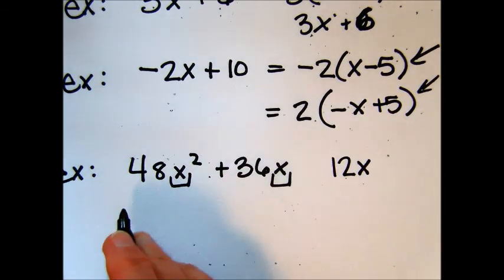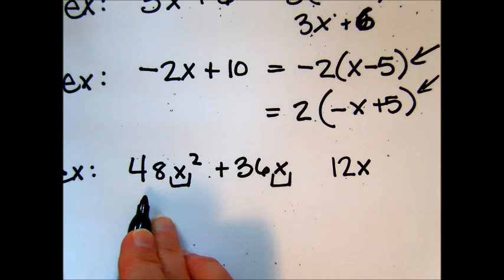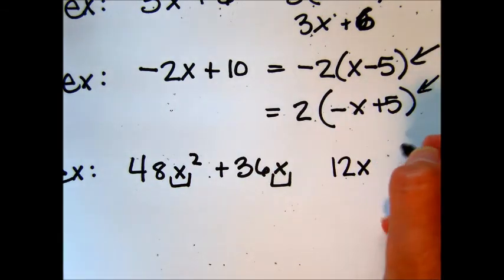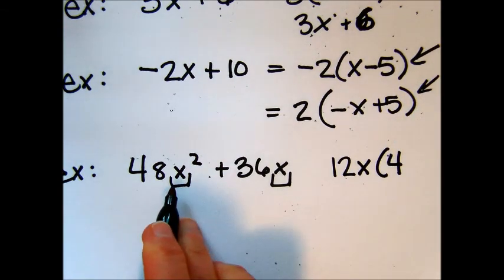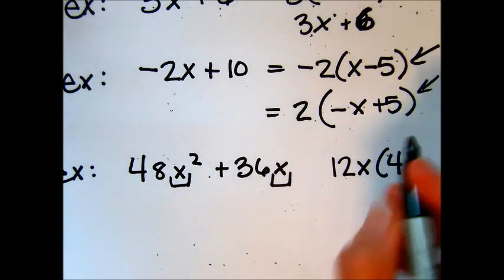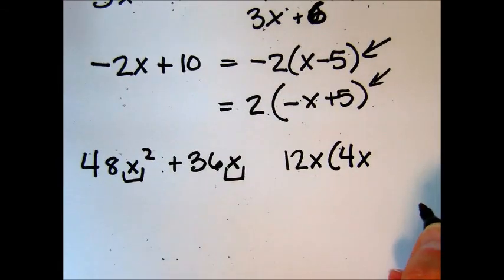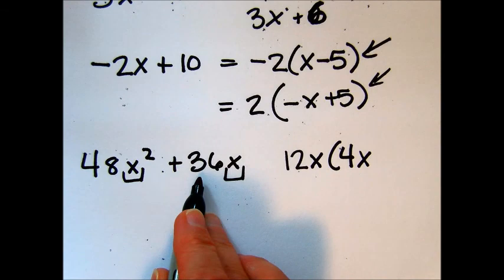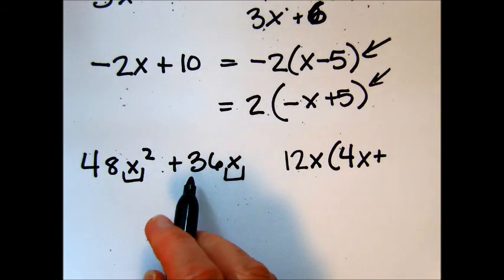So if we divide 48 by 12, we're going to get 4, because 4 times 12 is 48. And we know that x times x is x squared. So if we're dividing x squared by x, we're going to have one more x left. Because this is a positive and this is a positive, I can go ahead and put my addition there. So 36 divided by 12 is 3.